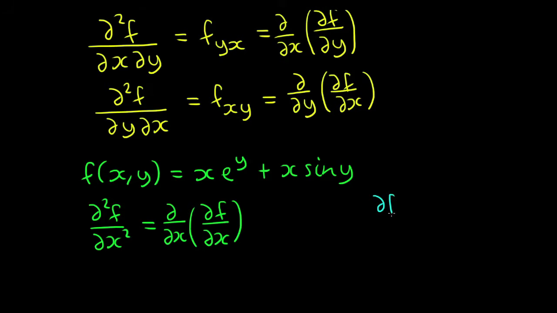So df dx is equal to e to the y plus sine y, noting that we held y constant. And then differentiating with respect to x, we get 0.